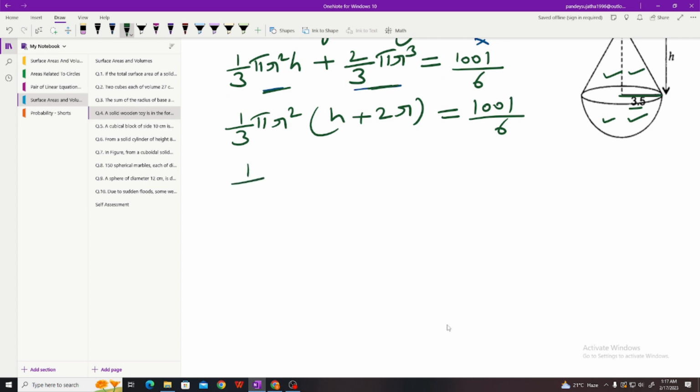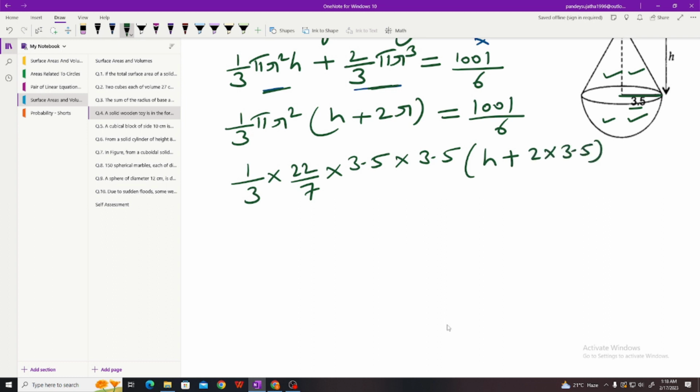So now replace the value: 1/3 into 22/7 into radius, which is given as 3.5. So r square will be 3.5 into 3.5 and height is not given, so we need to find the height. So h plus 2 into radius 3.5, which is equal to 1001/6.